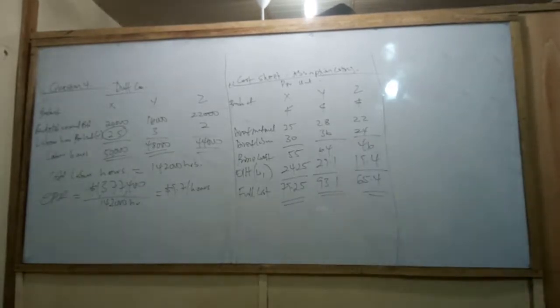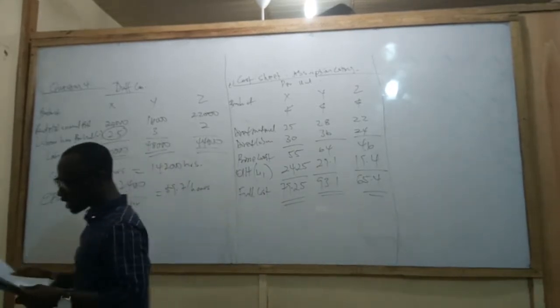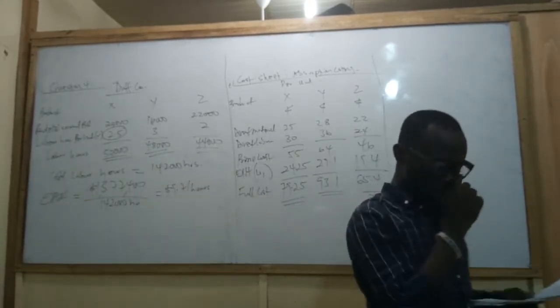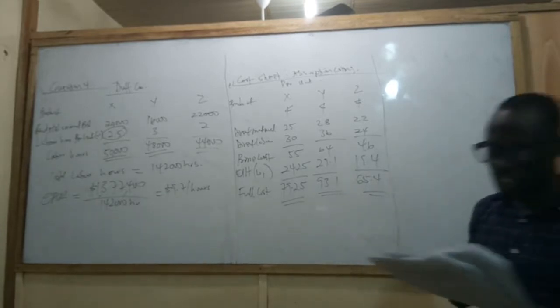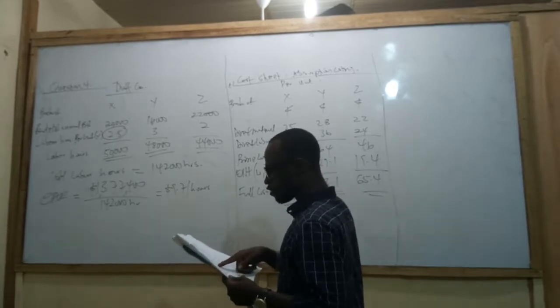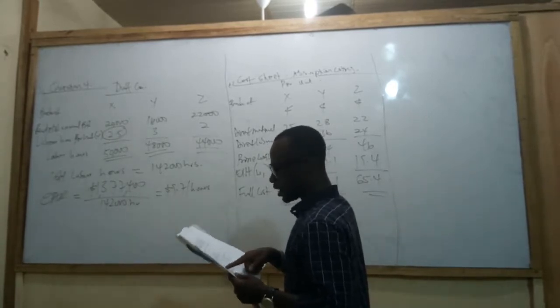So in doing that, the cost drivers given to us in the question are: machine setup cost is 280,000, and this is based on number of batches. Material ordering cost is based on number of purchases.